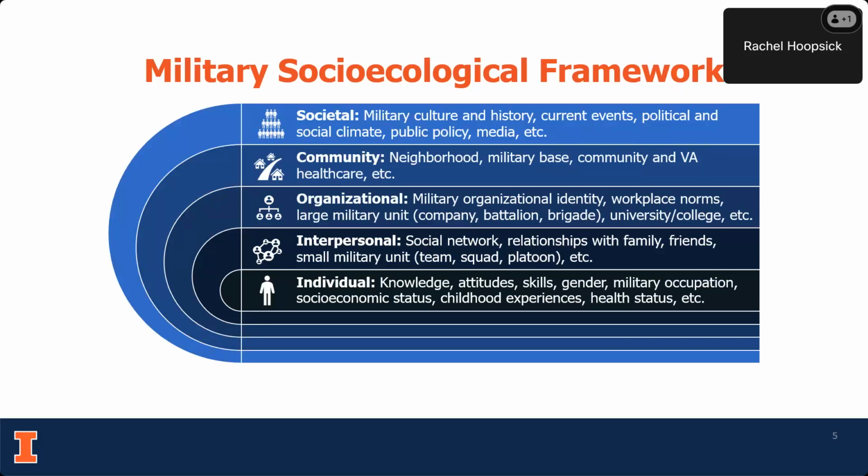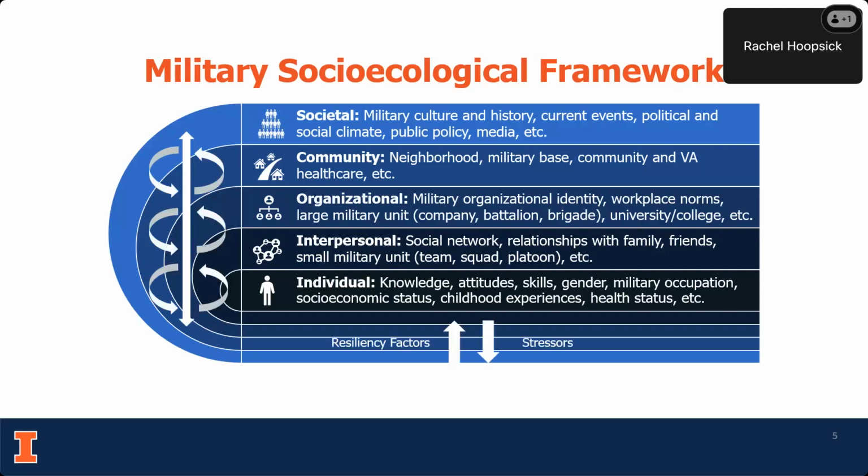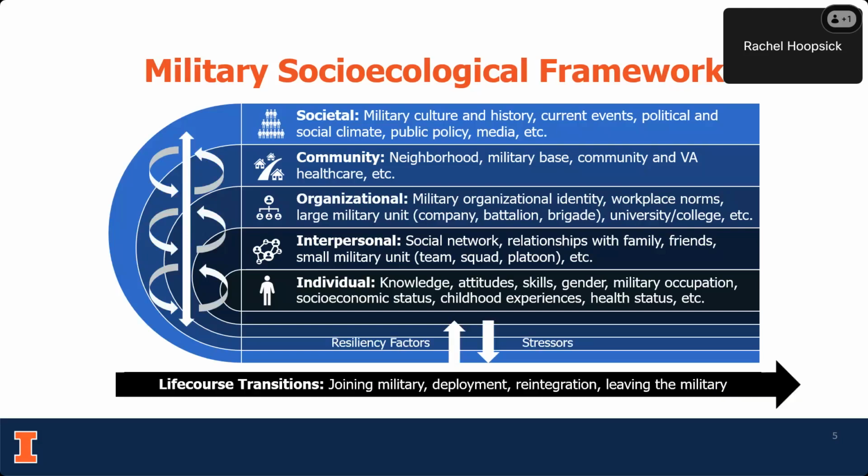All of these influences are particularly important during times of transition, like joining the military, leaving the military, deployment, and reintegration, which can all be incredibly stressful.